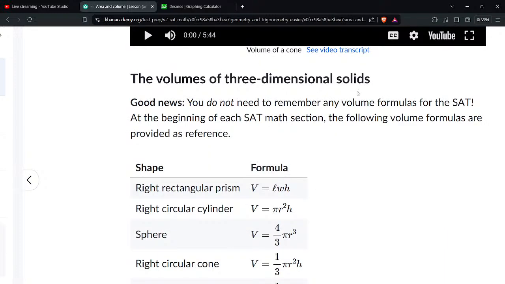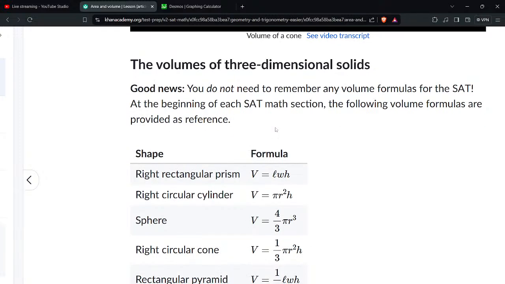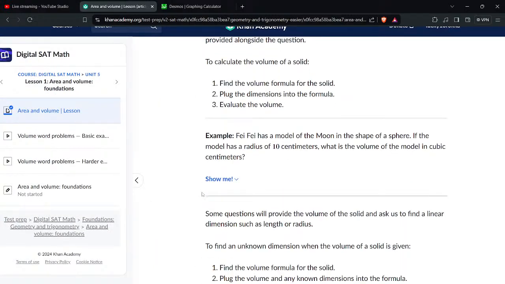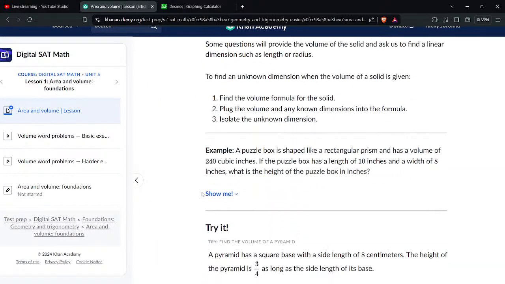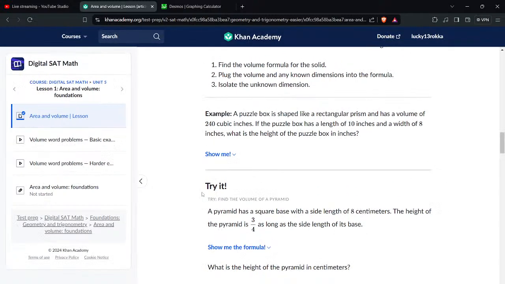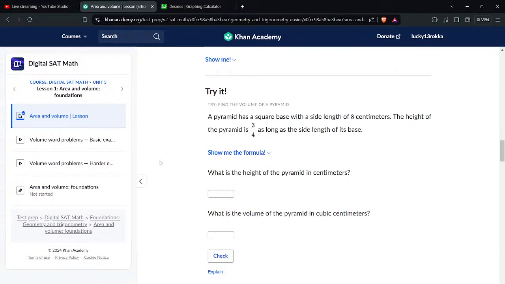So we don't need to remember the formulas, actually, there's a reference. Okay. Rectangular cone. Yes. Geometry is easy.